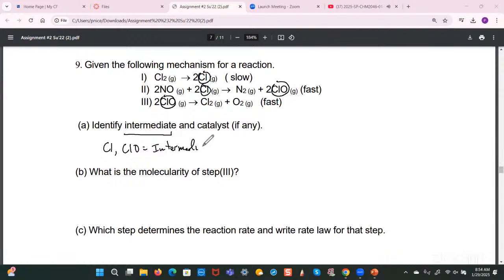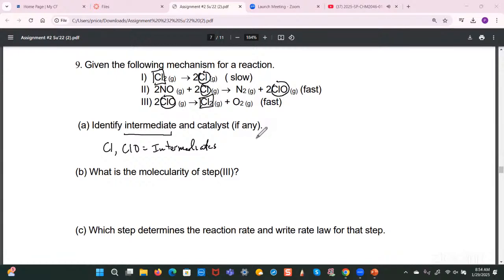So let's now focus on catalysts. Is there any substance which is used up in a previous step and then produced in a subsequent step? The Cl2, the chlorine molecule, right? I'm putting that in squares to distinguish between the two.